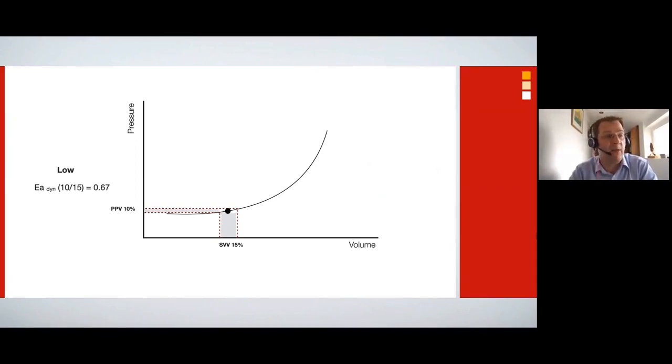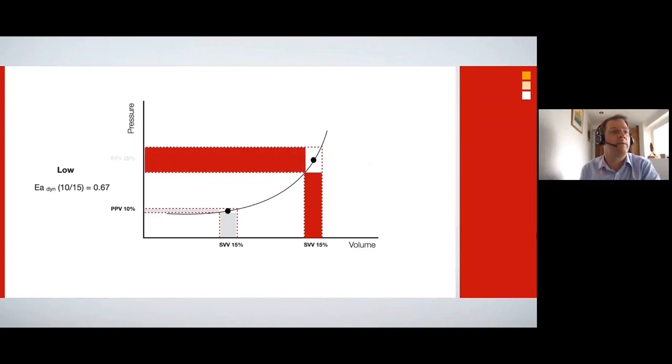In this patient, if we give them fluid, they will increase their stroke volume because they are preload responsive, but they will not increase their blood pressure. Compared to this patient, who's on the highly elastic part of the pressure volume curve, with the same stroke volume variation, this time the change in volume generates a large change in pressure. So the pulse pressure variation was 25%.